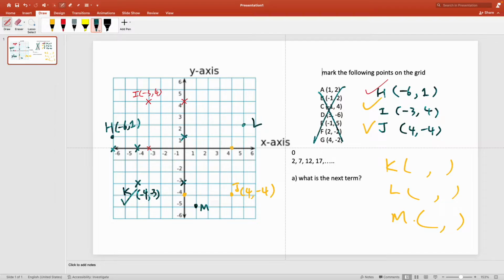Very good. Next, L. 5 and 2. Very good. Next, M. 1 and -5.